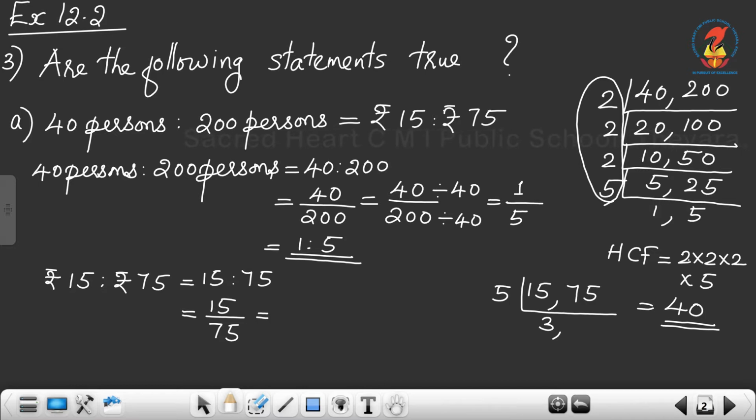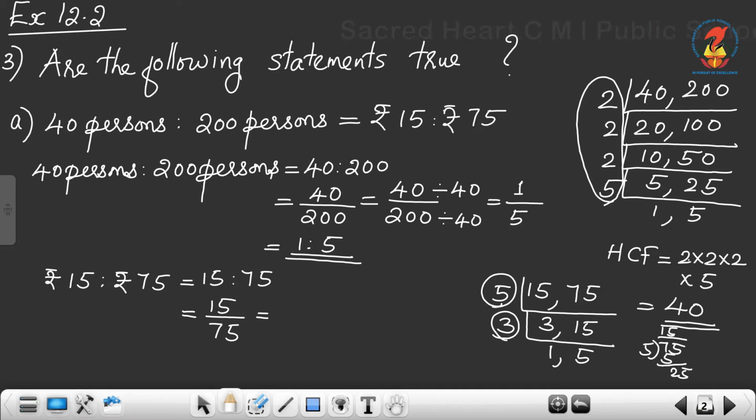Then 5 into what is 75? 75 divided by 5 is 15. Then again 3 and 15 have the common prime factor 3. Then 1, then 5. So the product of the prime numbers 5 and 3, 5 into 3, is equal to 15. That gives us the highest common factor, HCF.